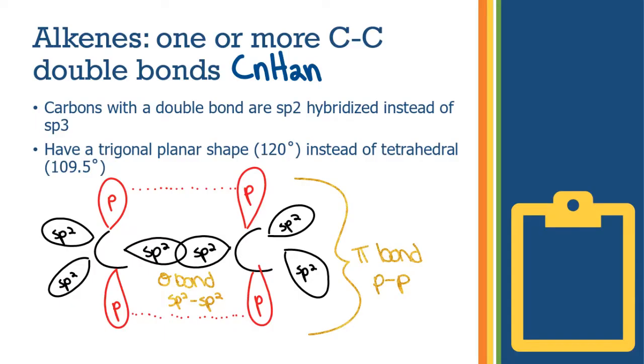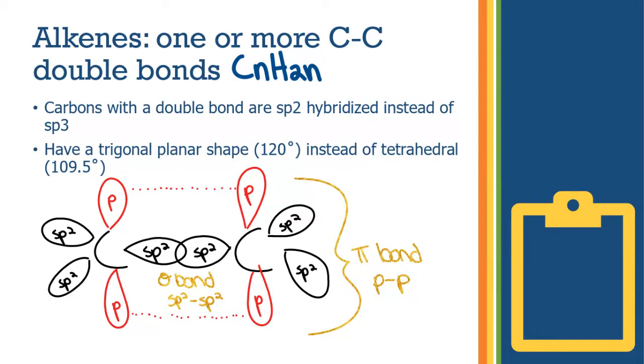After that, we started section 2, which is alkenes and their reactions. So an alkene is just an organic compound that has one or more CC double bonds. And the general formula for those is the same as cycloalkanes, which is CnH2n.